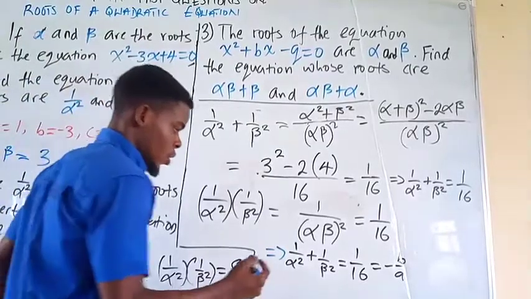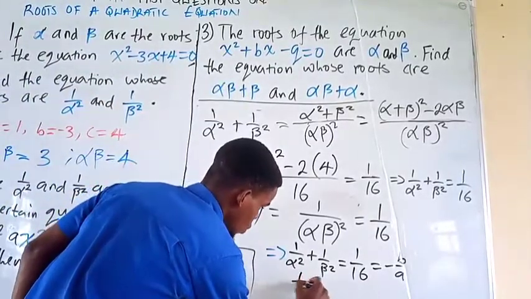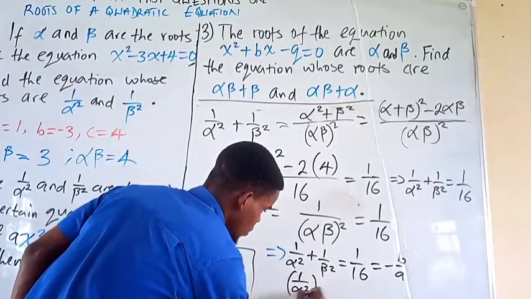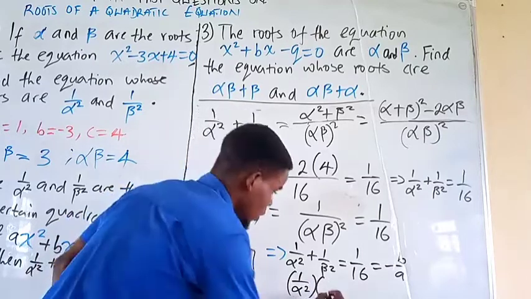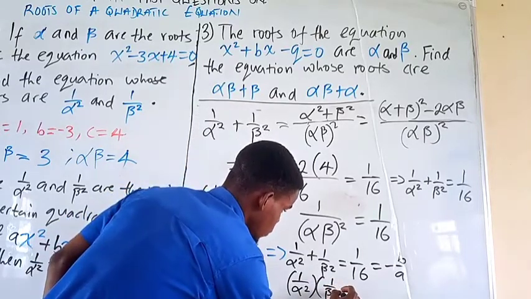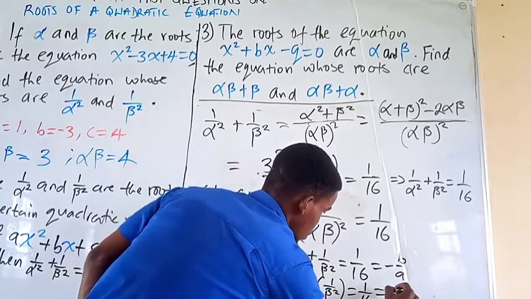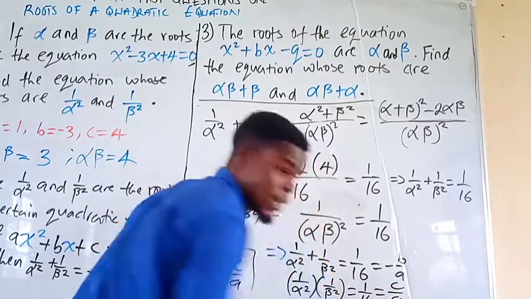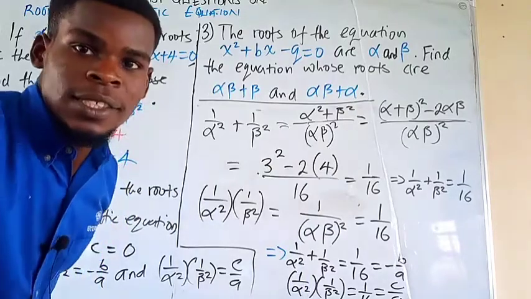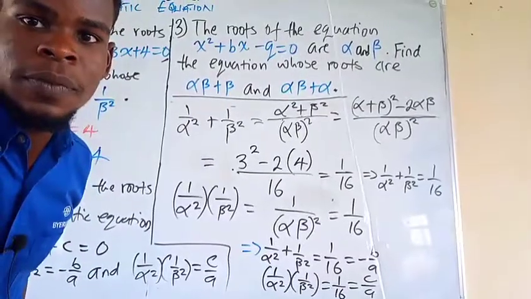And we also know that their product, 1 over alpha square times 1 over beta square, is 1 over 16, which is c over a, like that, right? So that is just c over a right there.